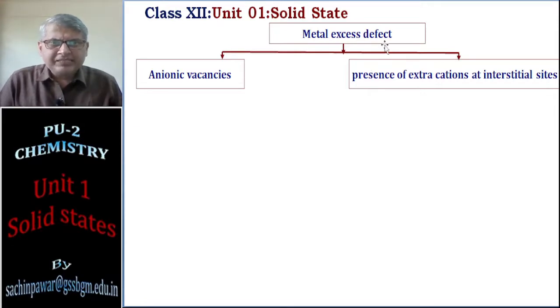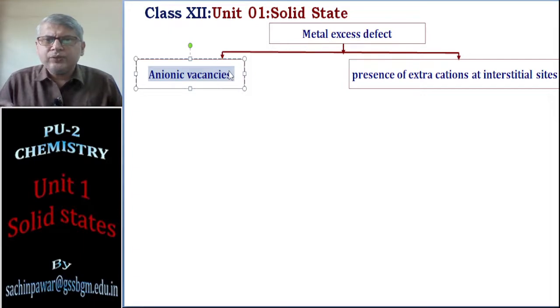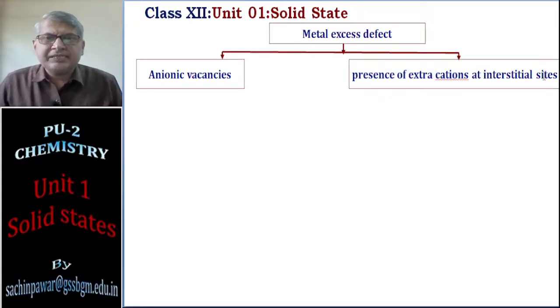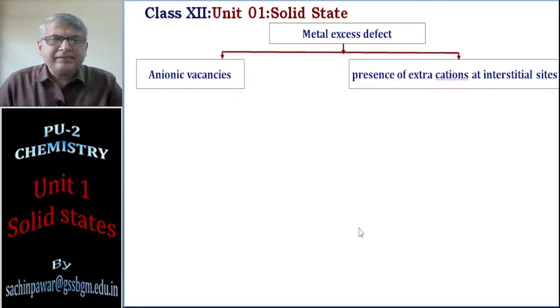So metal excess defect is of two kinds: one is metal excess defect due to anion vacancies, and the other is metal excess defect due to the presence of extra cations at the interstitial site.